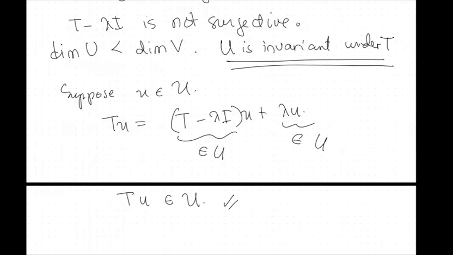The key result here is that we write T of u as (T minus lambda I) u plus lambda u.